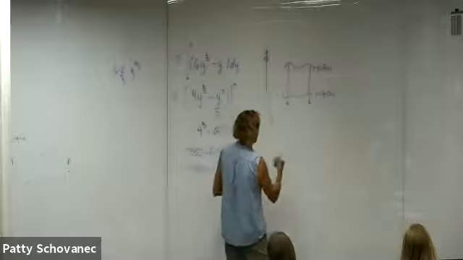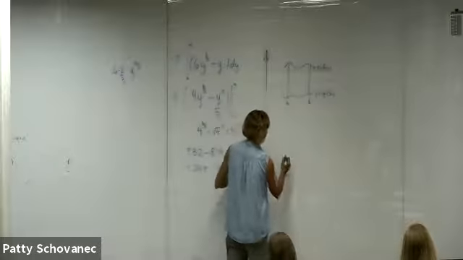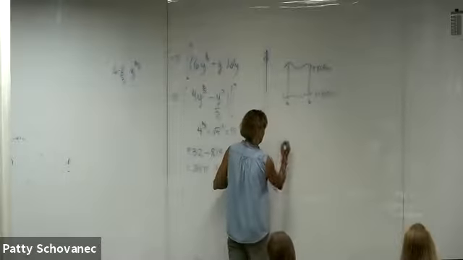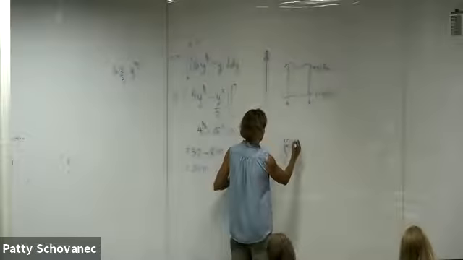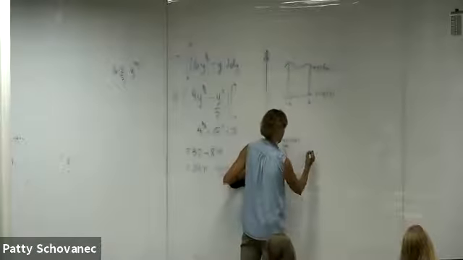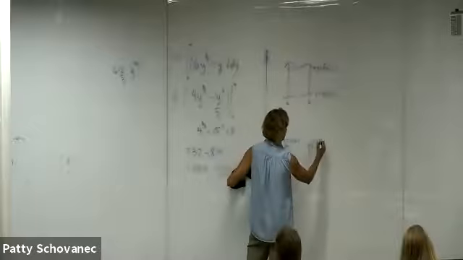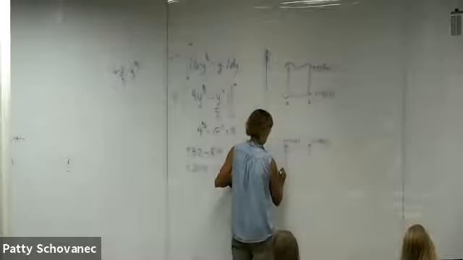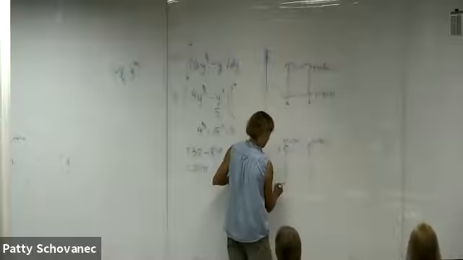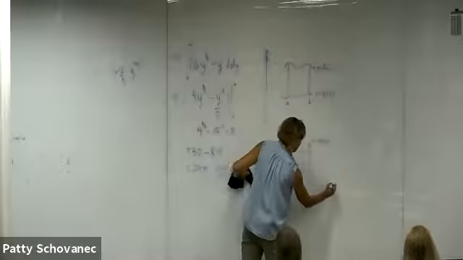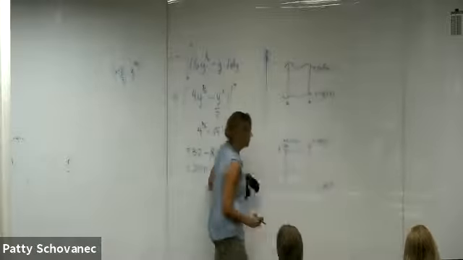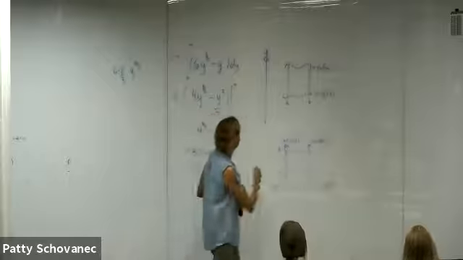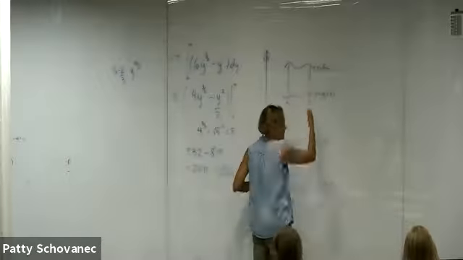Or the other case, if I wanted to go around a vertical line, then I'd have to have some version of this. Because here I can partition with rectangles that way.